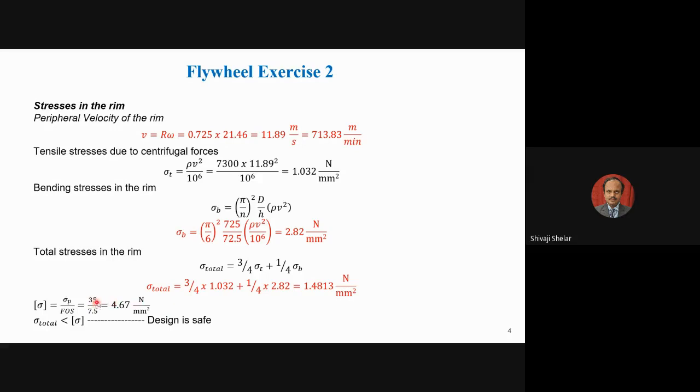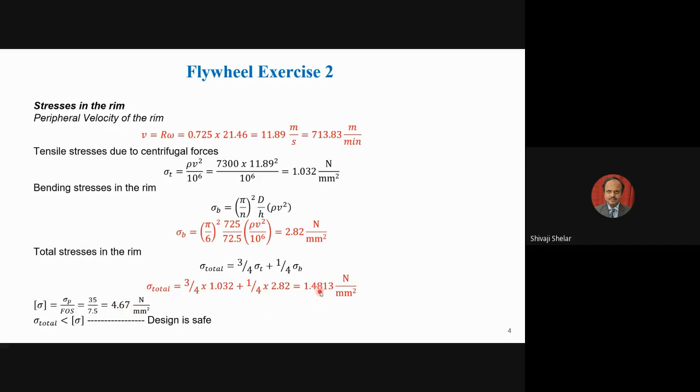The given value is 350 kg per centimeter square. Since we are calculating in Newton per millimeter square, this value is 35, taken from PSG 120. The factor of safety given in the problem is 7.5. So the sigma design value permitted here is 4.67 Newton per millimeter square. Now your induced value has to be less than this design value.